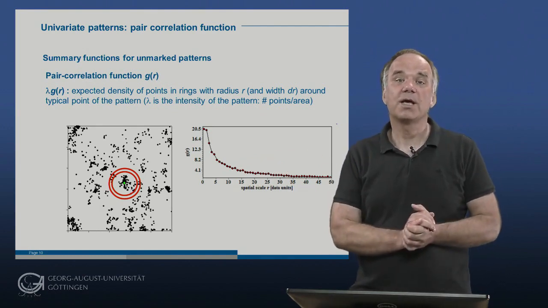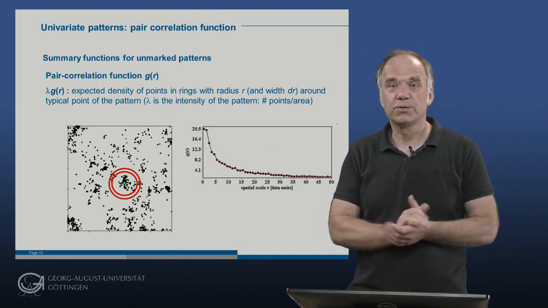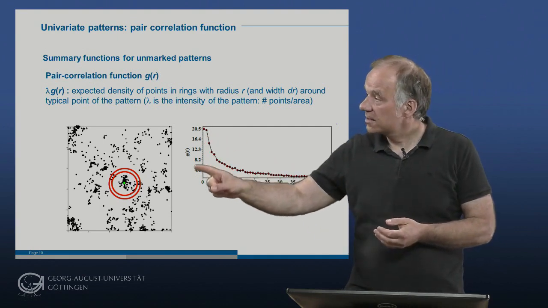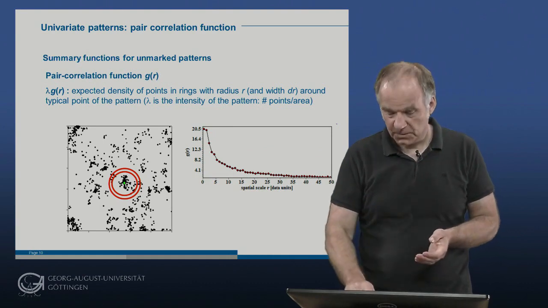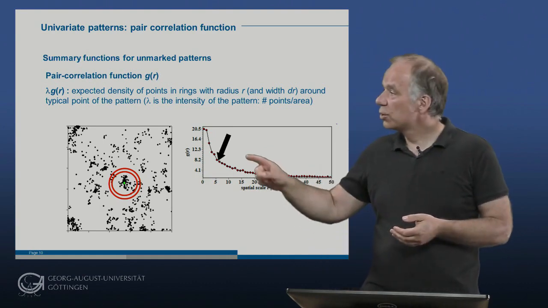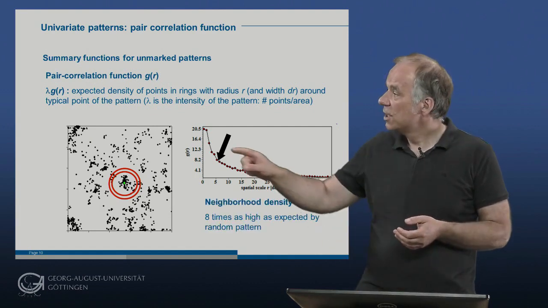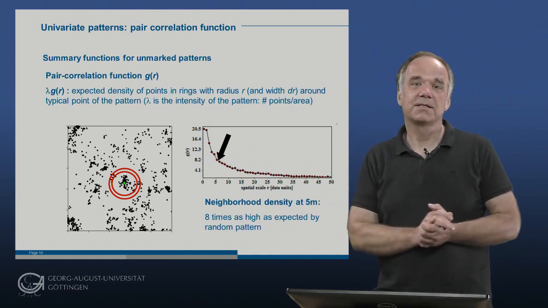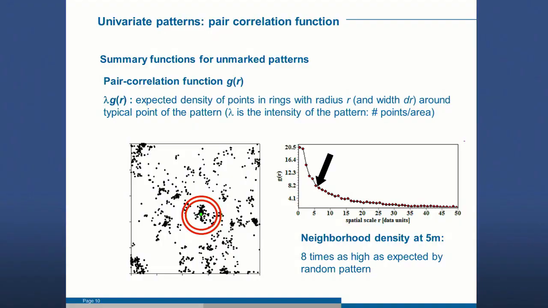Note that we now have on the x-axis the spatial scale or the radius of the ring around the typical point, and on the y-axis we have the relative neighborhood density. So for example, we can now look at a distance of 5 meters, and at this distance we find that the neighborhood density is about 8 times larger than expected by a random pattern. And this is something we call aggregation.